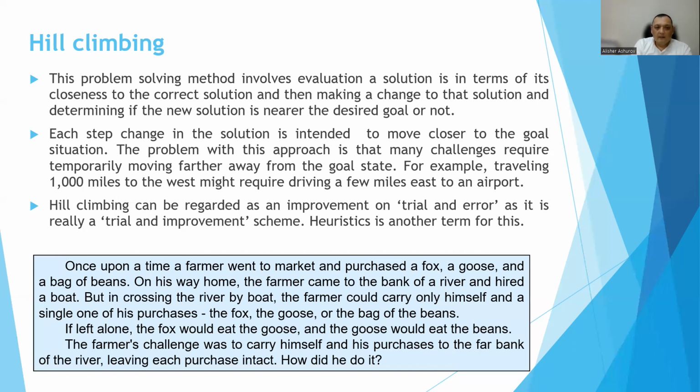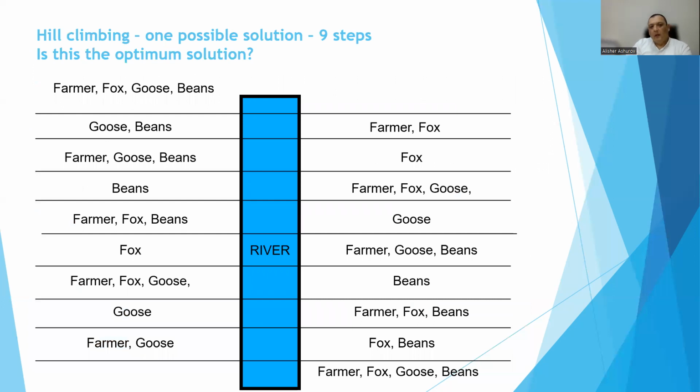So let's look through this problem, analyzing the vivid example. In the middle, you can see the river. Here, you should find the best solution. You have 9 steps. Is this the optimum solution? You should decide. And of course, you should cross the river and get all the stuff home.